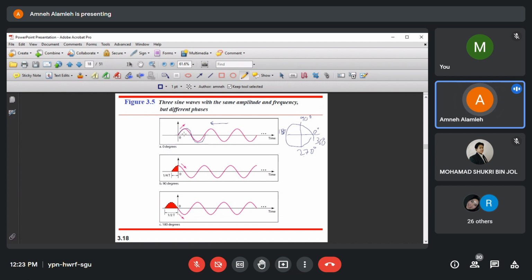Suppose we shift the wave to the left on the time axis, it will be like this shape. So 1/4 the time, this wave starts before. See at time 0 where the wave starts. It starts at angle 90, right? This is angle 90 here.